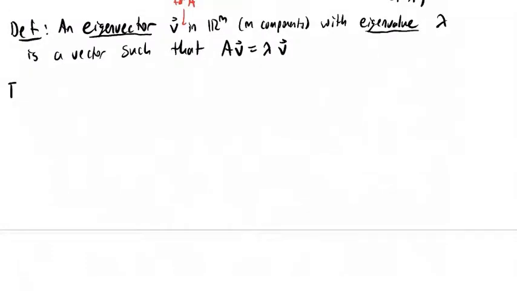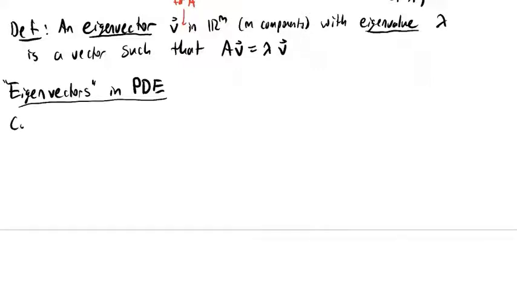Great, so we're going to talk about eigenvectors. I'm going to put quotes around it because they're technically called something else. Eigenvectors in PDE. And I'm not going to give you the most abstract definition. We're just going to look at a particular example. In particular, let me define a function v_n of x.